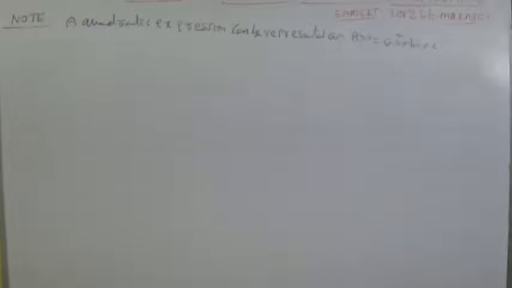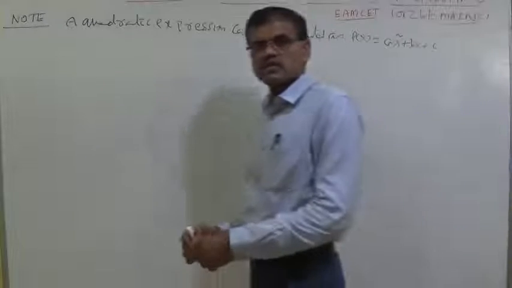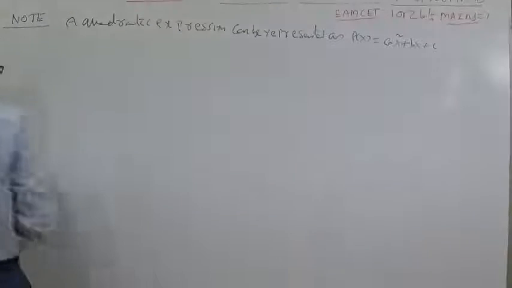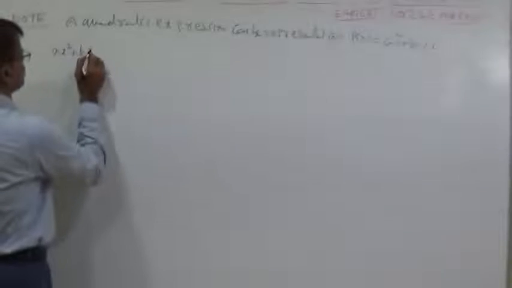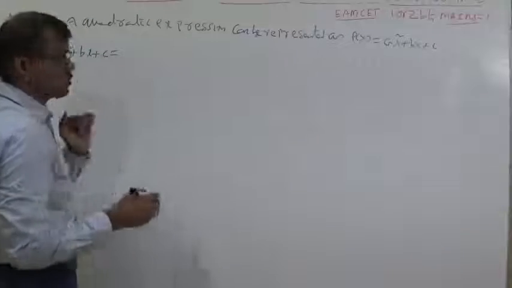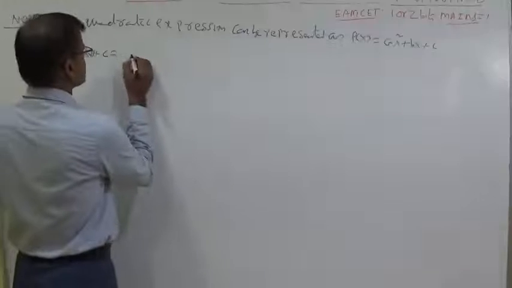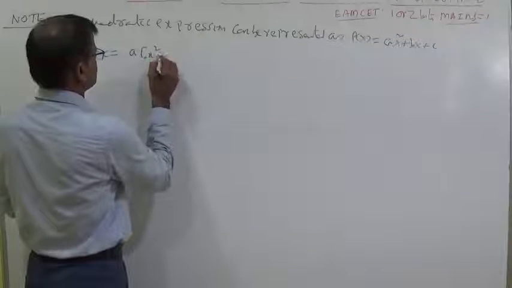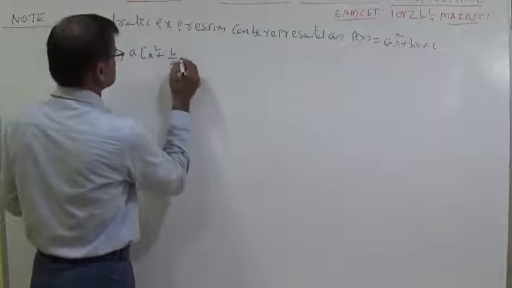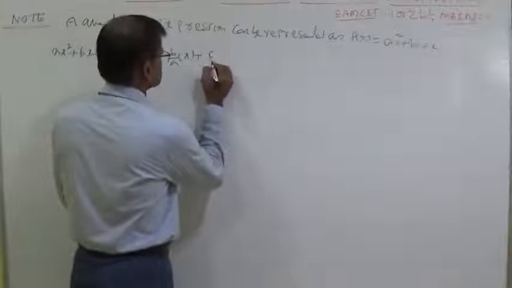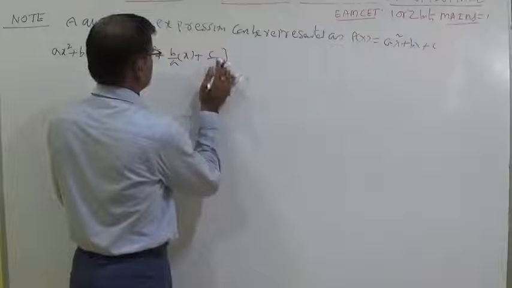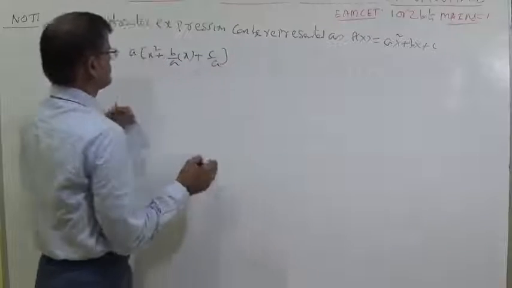Now, ax square plus bx plus c, students, take a common, becomes a times x square plus b by a into x plus c by a.